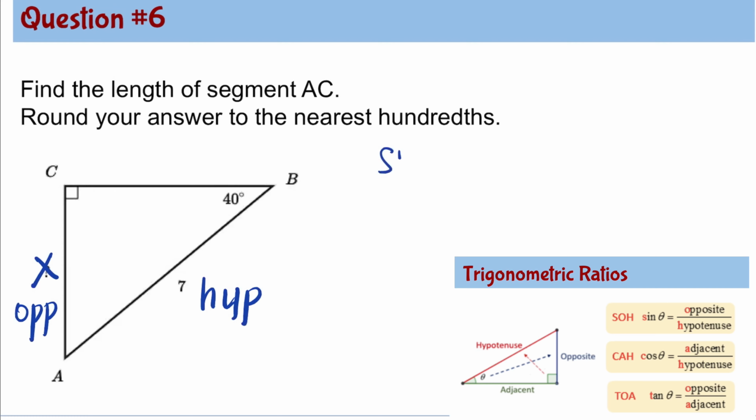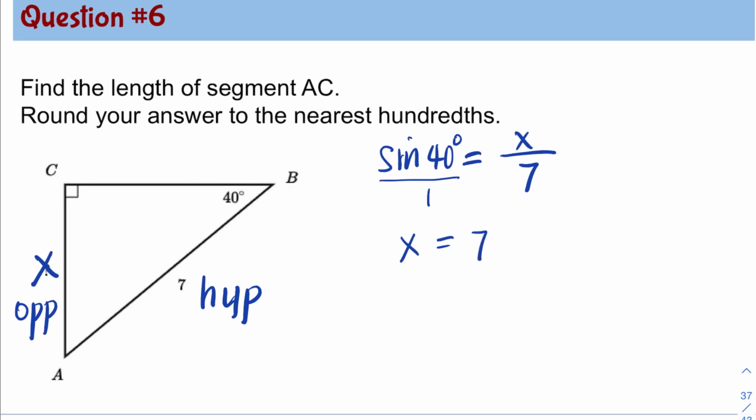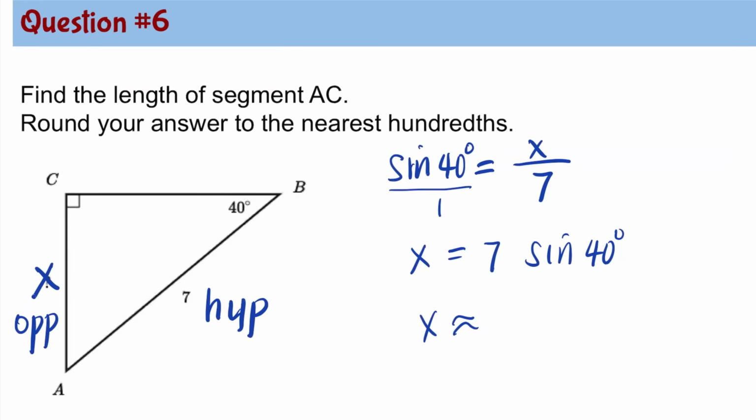We have sine 40 degrees is equal to opposite over hypotenuse 7. So again, by cross multiplication, we have x is equal to 7 sine 40 degrees. Now we need to plug in 7 sine 40 degrees, and that gives us 4.50 rounded off to 2 decimal places.